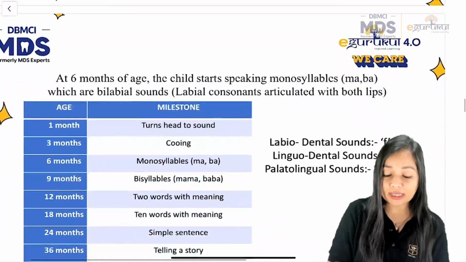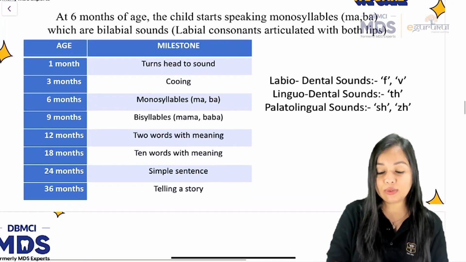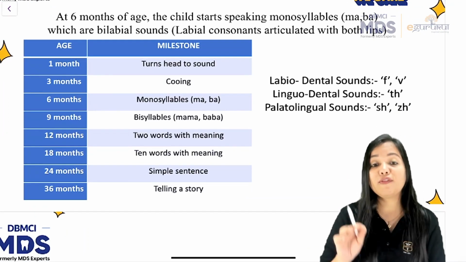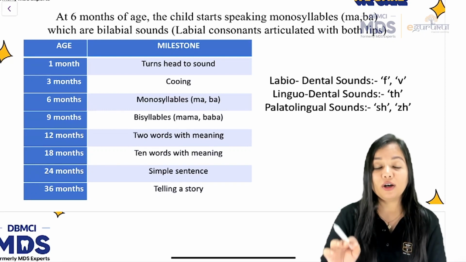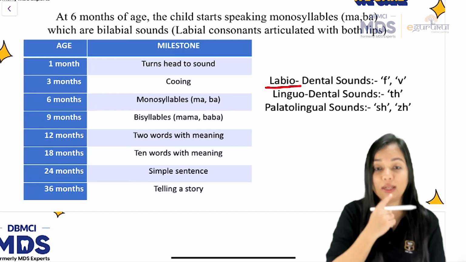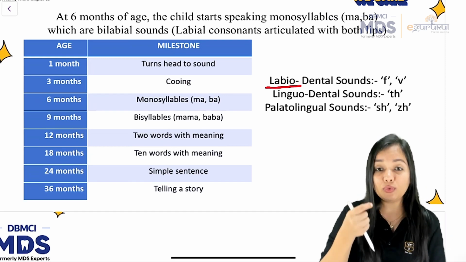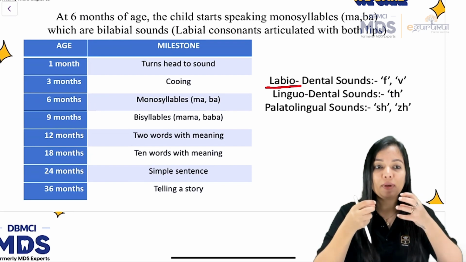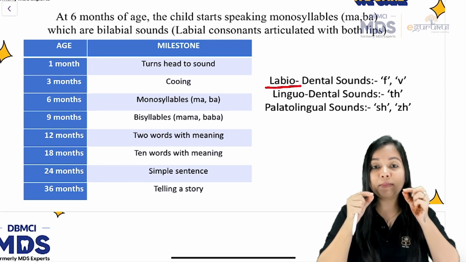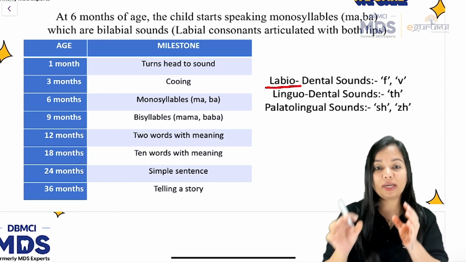Now there are various other sounds, like the options that are given. The labiodental sounds are like f or v. So labiodental means sounds that are uttered using the lips and the teeth. When I say f, I am touching my lips and my teeth. So it is f or v. These are the labiodental sounds.